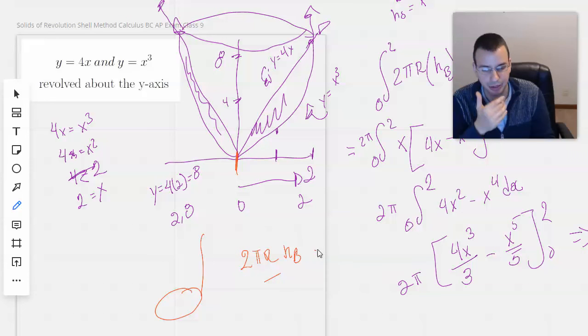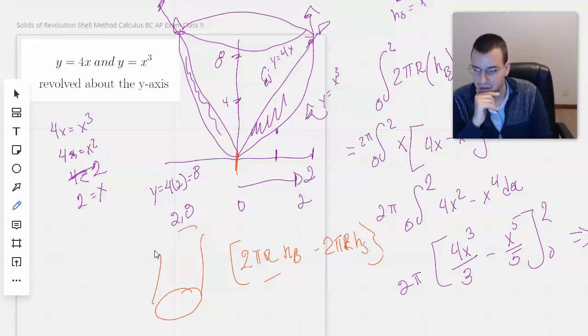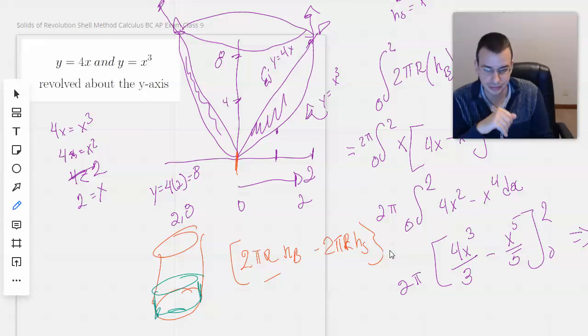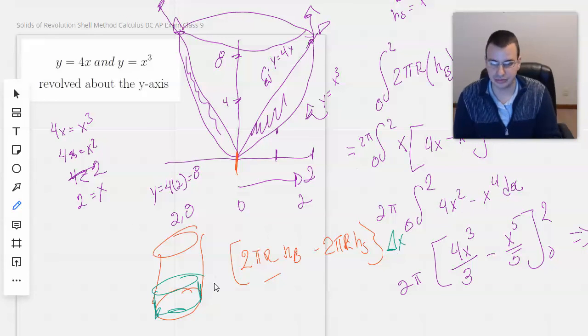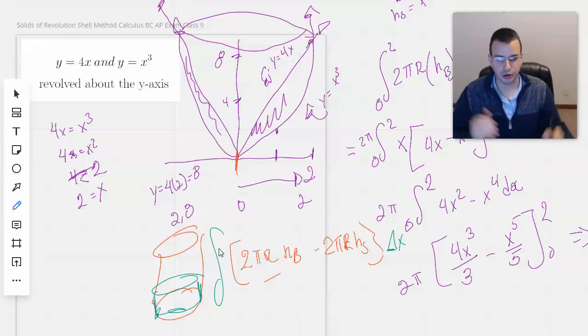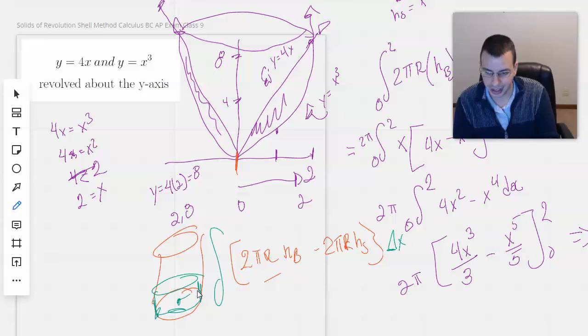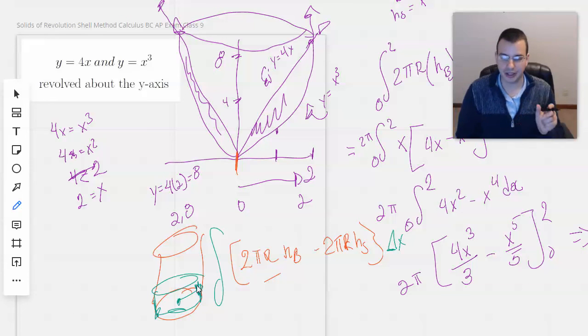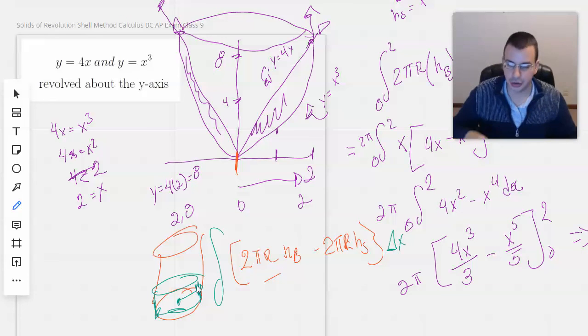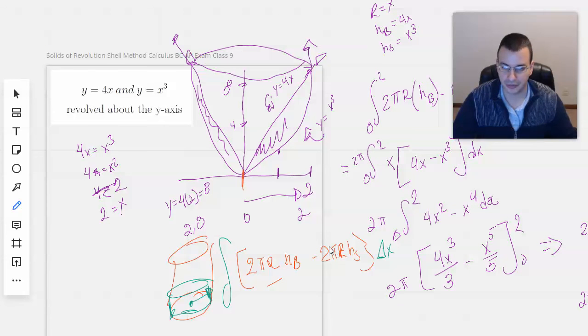And then we might want to take a little bit off, so we'll make another cylinder, 2 pi r, same radius, height small. And that gives us a smaller cylinder, which we want to get rid of. And then to add some volume to this, we multiply by delta x. And we integrate from the middle usually outwards, and then that will give us our total volume of a revolved solid.